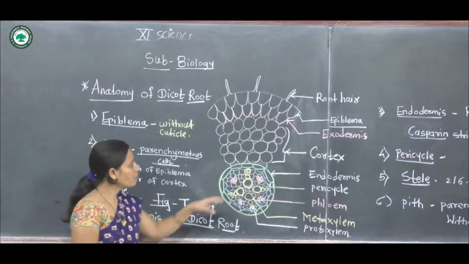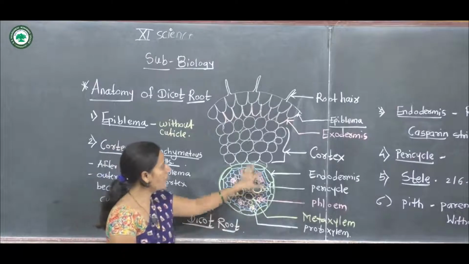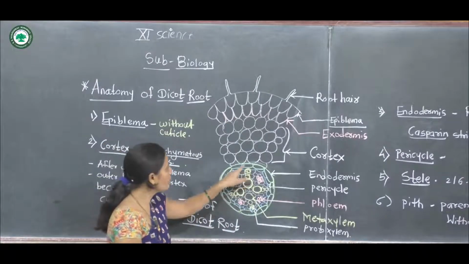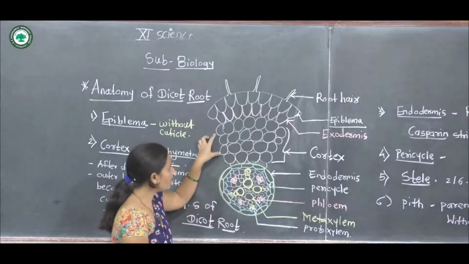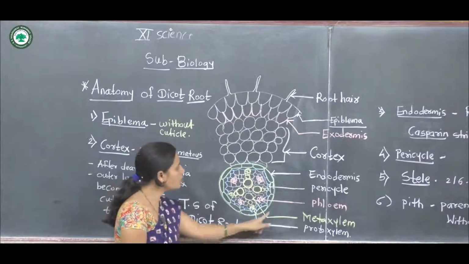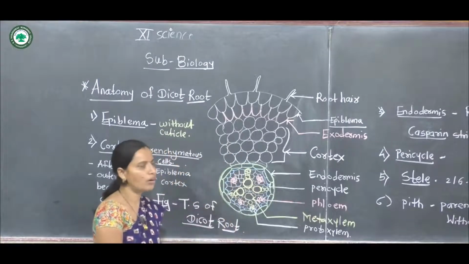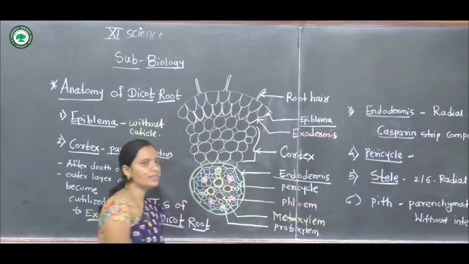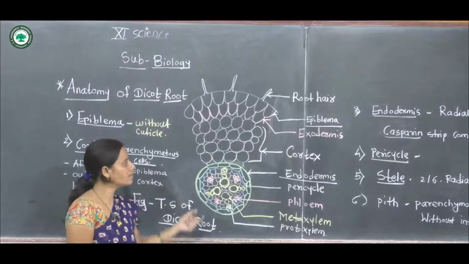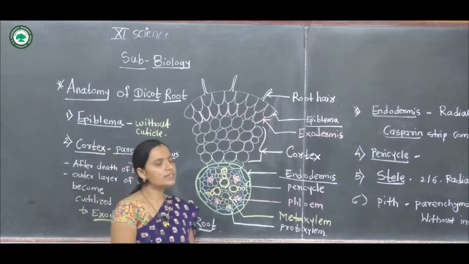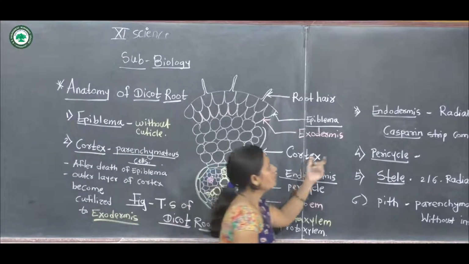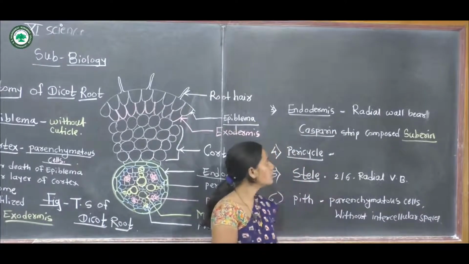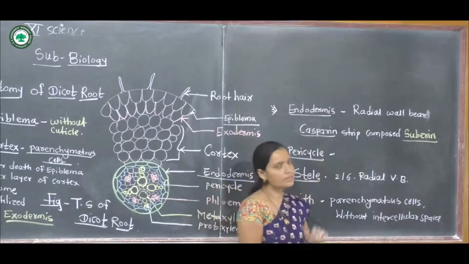The next layer is an important part of the root: the single layer below the cortex region, called the endodermis. The endodermis is a single-layer structure, and its radial walls bear Casparian strips.